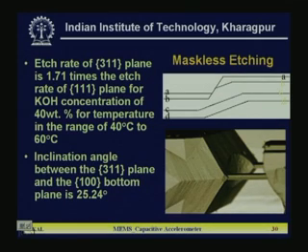That will not etch at an equal rate in all crystallographic orientations of the silicon, and we have found the etch rate of the 311 plane is 1.71 times the etch rate of the 111 plane for KOH concentration of 40%, 48% for temperature in the range of 40 degrees C to 60 degrees C. That has been observed, and the inclination angle, that means the angle between the 311 plane and the 100 bottom plane, is 25.24 degrees.